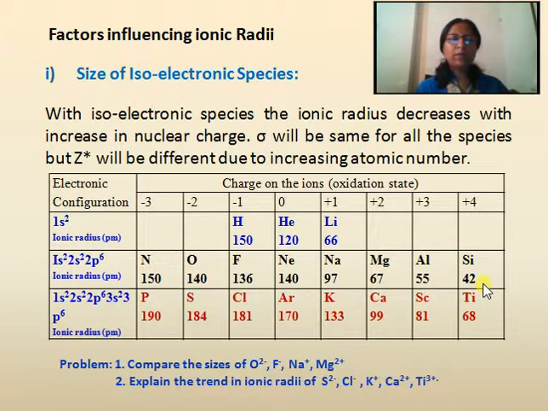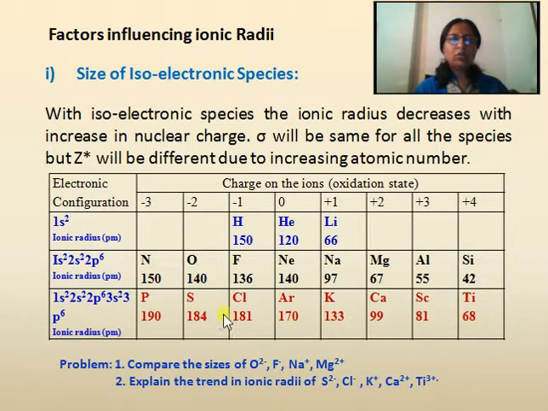The same thing: the Z star value is increasing. The number of electrons may be the same, but the number of protons in the nucleus is increasing as the atomic number increases, going from nitrogen to oxygen to fluorine, or sodium to magnesium to aluminium to silicon. That's why the size is decreasing. The same thing is happening here.